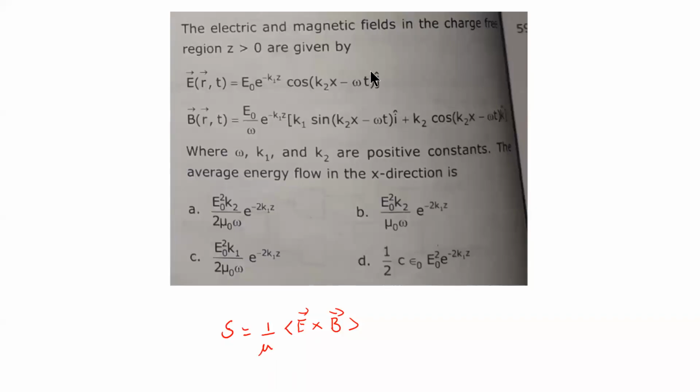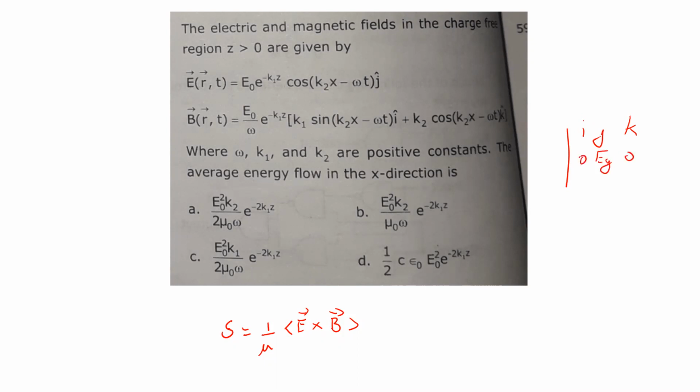Notice when you compute the cross product, you have to pick only the i component, because you want the average energy flow in the x direction. You know how to compute the cross product. You have to evaluate this determinant i, j, k, and Ex. Ex is 0 here, and Ey is given, that is j is given. Ez is also 0 here.